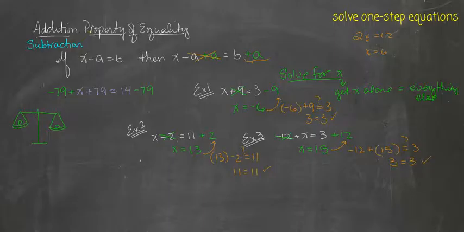In this case, I actually used the subtraction property because I added a -9 to both sides, and adding a negative is really the same thing as subtraction. So when you have addition and subtraction, this is the process you use.